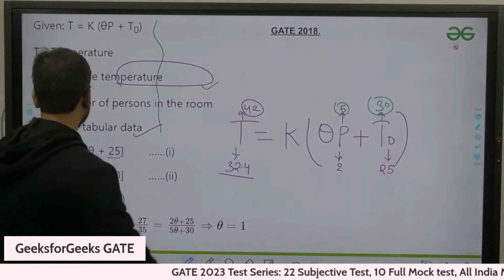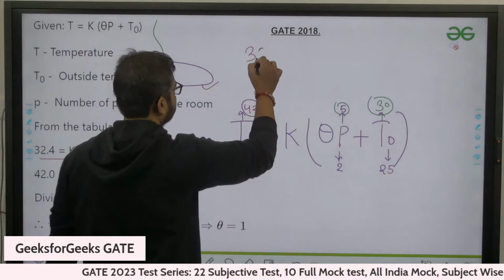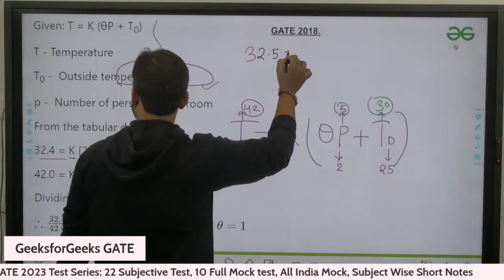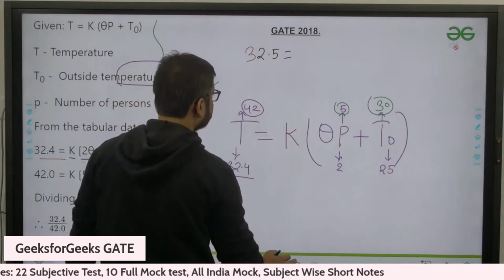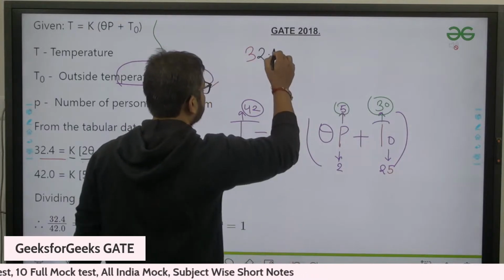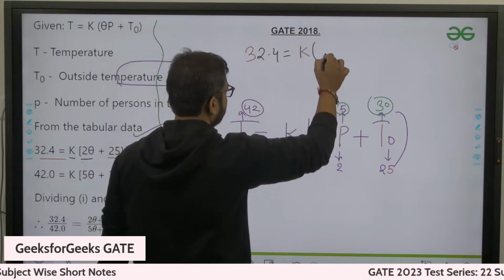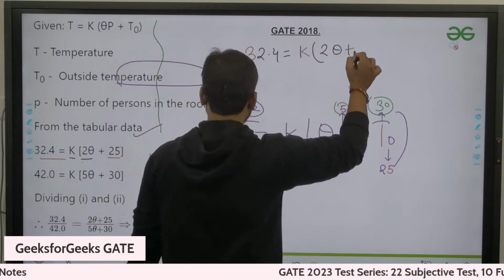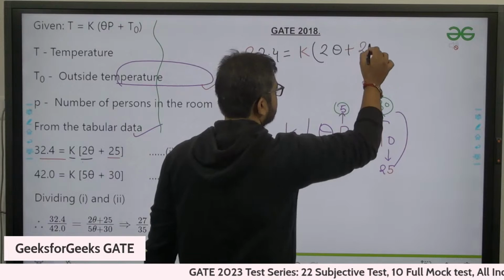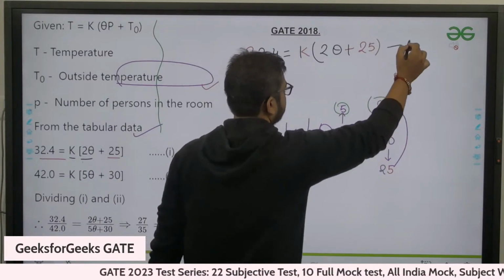So the first equation is 32.4 is equal to K times 2 theta plus 25. This is our equation number 1.